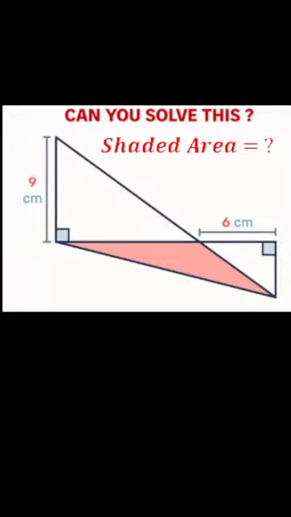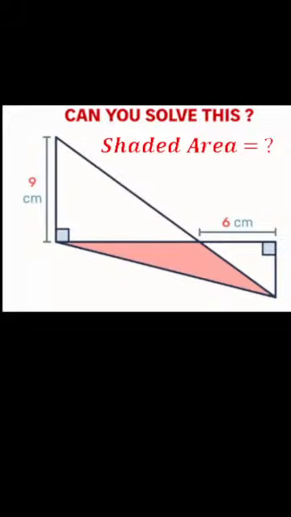For those who are still just looking at the question and not commenting their answers, have a look. Let's see these two triangles, this triangle and this triangle, they are similar triangles. First of all, this angle is the same because they are vertically opposite angles, and one angle is already equal, as it is mentioned that it is a right angle. So using similarity, both these triangles are similar.